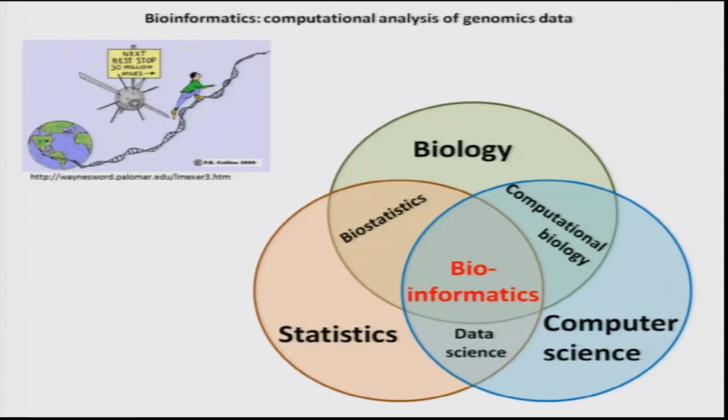Then you have computer science, because in data science, what you call large data analysis, comes from approaches by which you are able to automate the process so that computers can take, analyze and give you data. Since you are analyzing biology data, it is called bioinformatics, but it also involves a lot of statistics, mathematical modeling and so on. That is where it sits, at the cross-section of biology, statistics and computer science, and that is called bioinformatics.